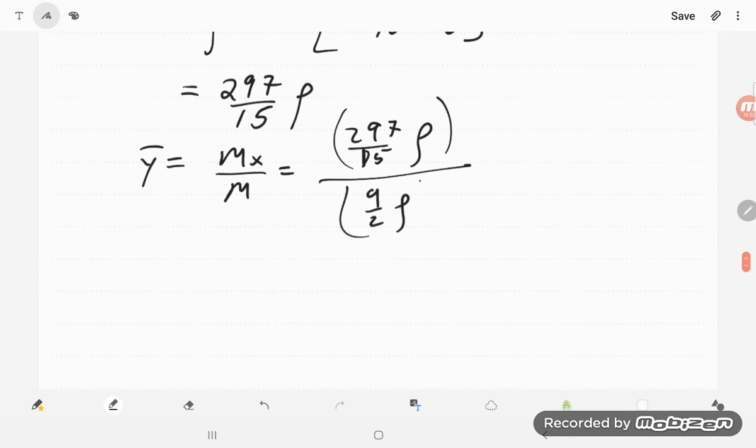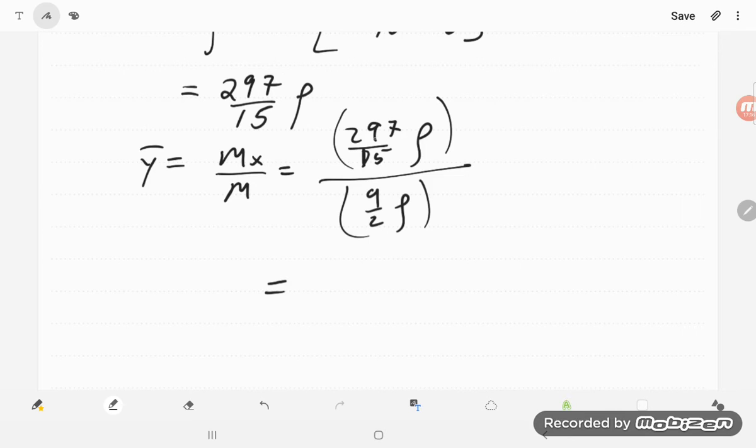9/2 rho. So again, the rows disappear, but well, let's see. So we invert and multiply. 9 does indeed go into, and I could have reduced that with the 15 because 3 goes into 297, but 9 goes into 297.